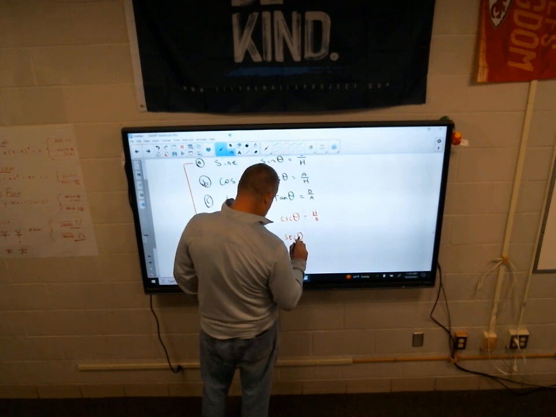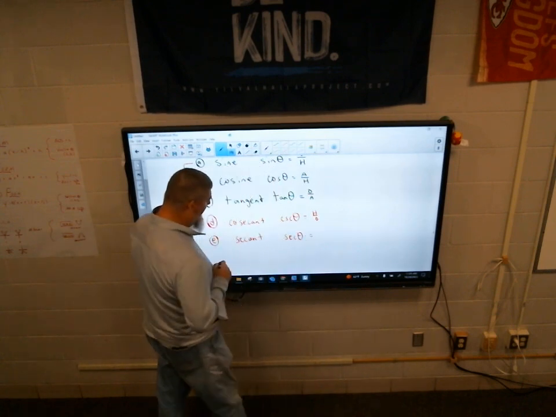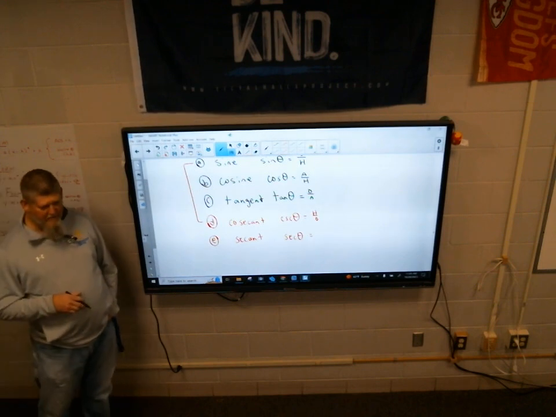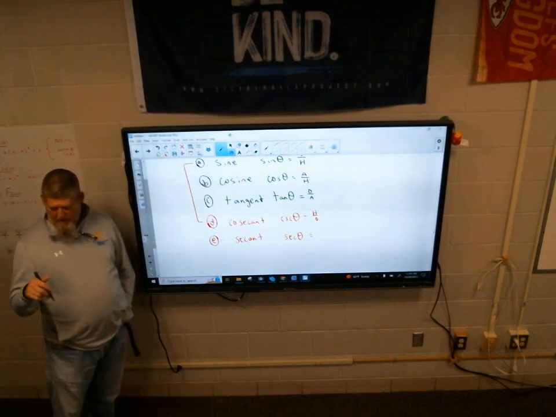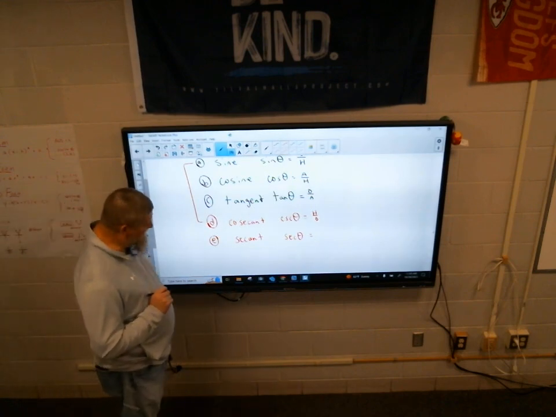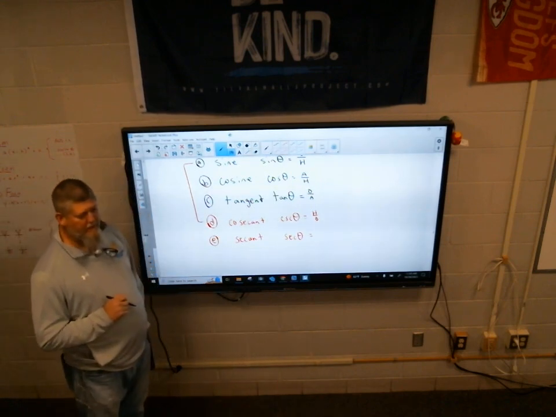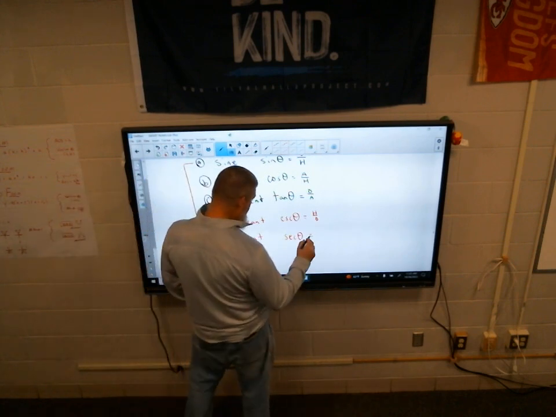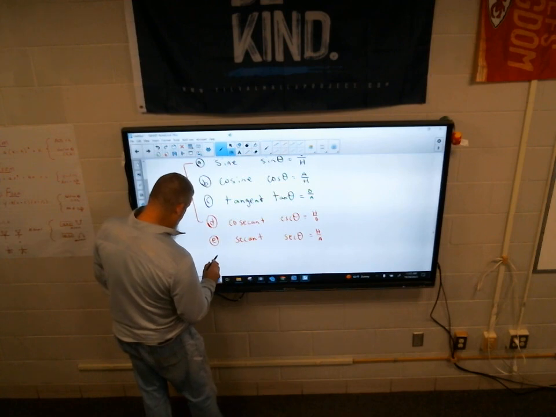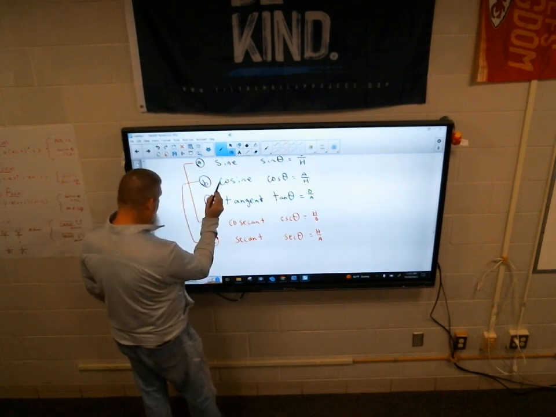Some of you know that as a football conference. Some of you know it as the Securities Exchange Commission. They deal with Wall Street and those things. We're going to call it the secant. And of course, what's secant going to be? Hypotenuse over adjacent. And that's going to be the reciprocal of B.